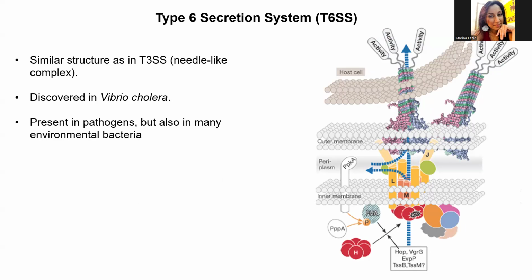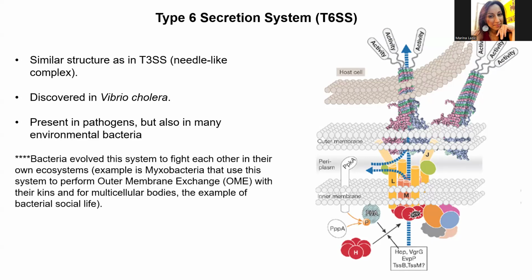Type 6 secretion system is similar to type 3 and was discovered in Vibrio. Even though it's connected to Vibrio cholerae, which is a pathogen, very often we see type 6 secretion systems in soil microorganisms like myxobacteria, because myxobacteria use type 6 secretion system to deliver certain toxins.